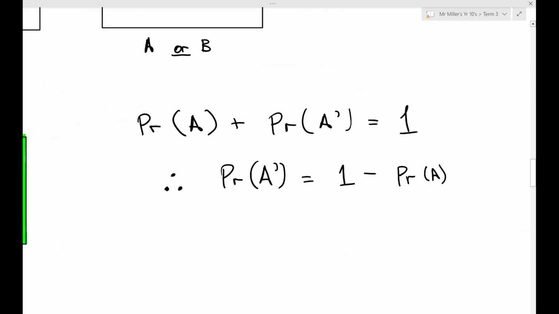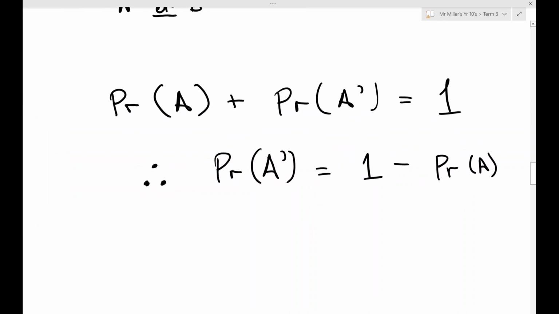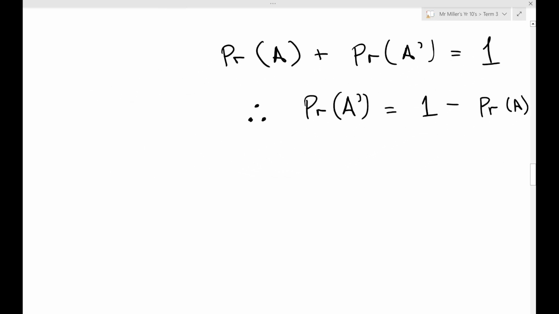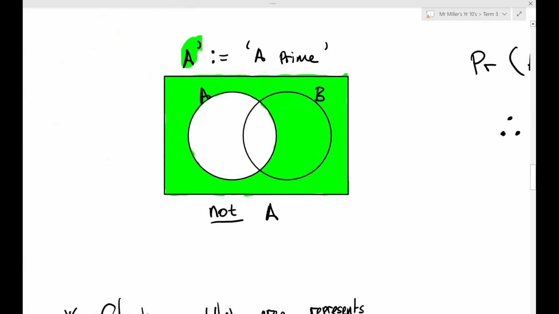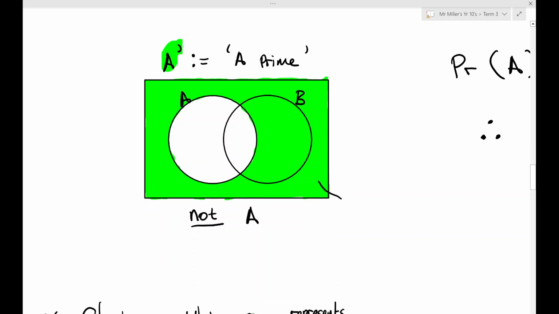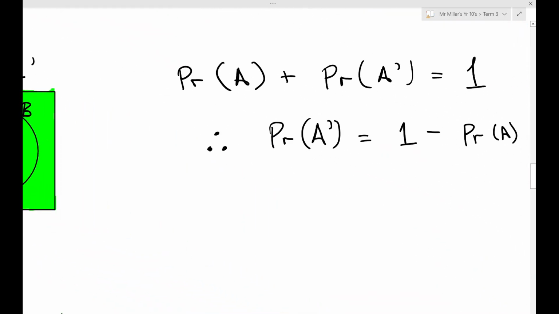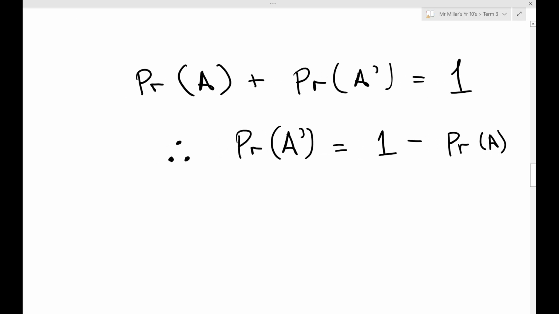And one final note on A and A primed, if we're talking about probabilities. Let's say I'm randomly looking at these sets and I'm saying, let me pick something out of A, let me pick something out of B, let me pick something out of this region that's neither A or B. What is the probability of picking a number out of either of these regions?